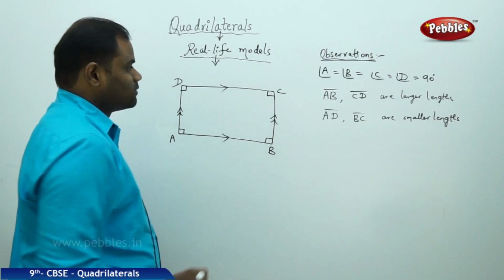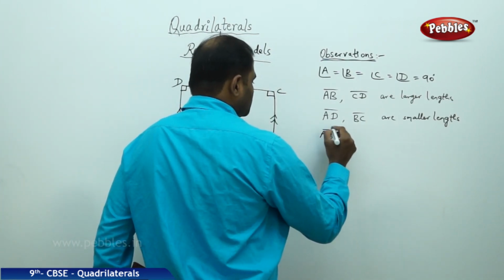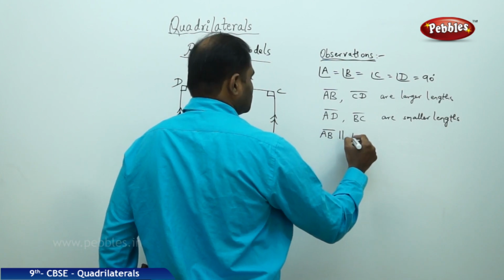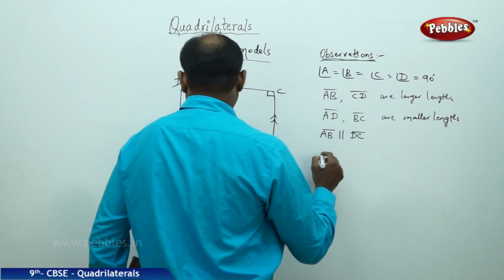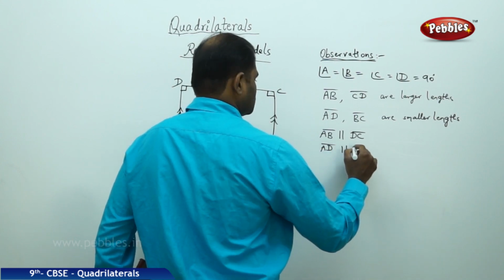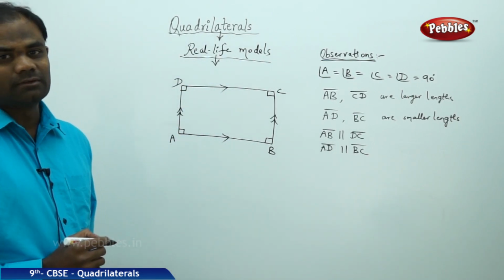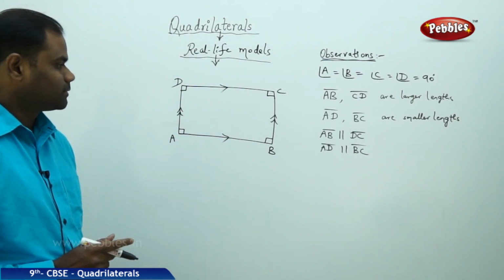So the third observation here is that line segment AB is parallel to DC and AD is parallel to BC.